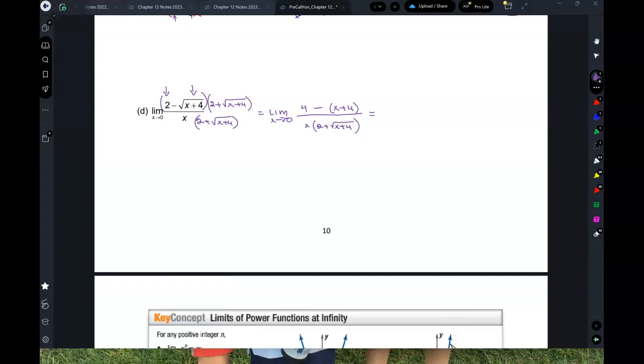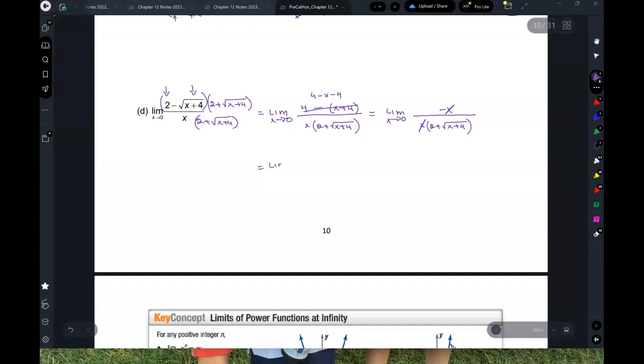So what's this going to give me here? This is going to be 4 minus x minus 4, right? So this is the limit as x approaches 0. In the numerator, what do I have left? Negative x. In the denominator, I have x times this thing. So now, the x's go away.